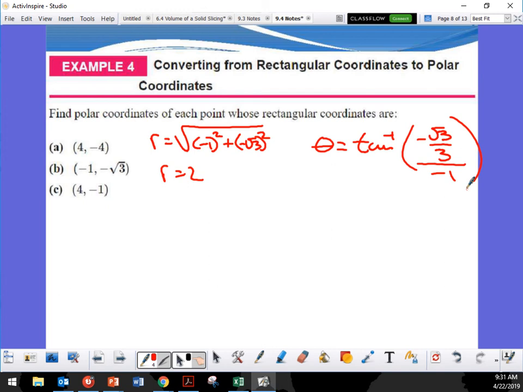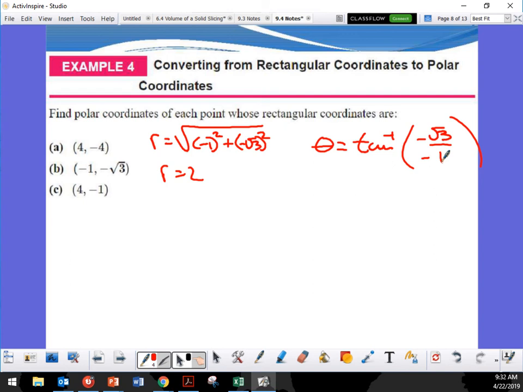Sorry, why did I put over 3? Should be just negative rad 3 over negative 1. There we go. Okay. So if I'm looking at my inverse tangent and thinking about it, I need the y and the x to both be negative, right? So what quadrant are they both negative? Quadrant 3.